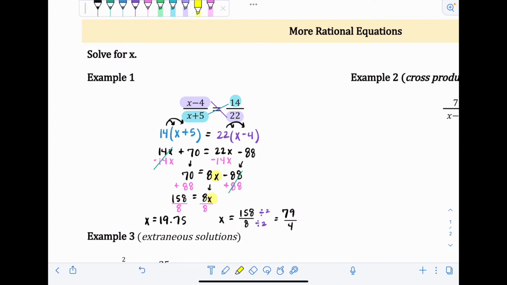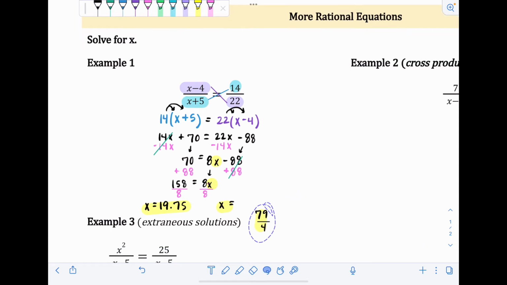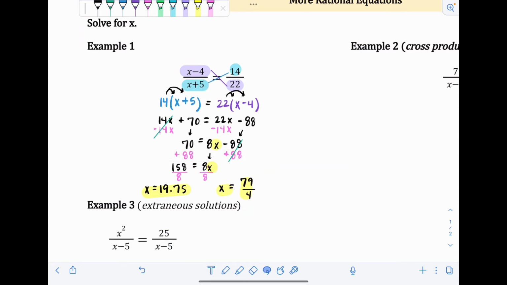So kind of unsatisfying, but x equals 19.75 or 79 fourths. I'm going to go ahead and just erase this middle part and clean up that answer a bit. Okay, there we go. So x equals 19.75 or 79 fourths.